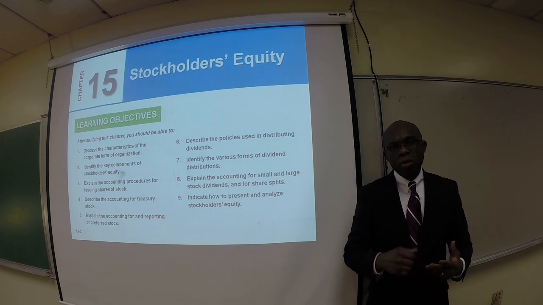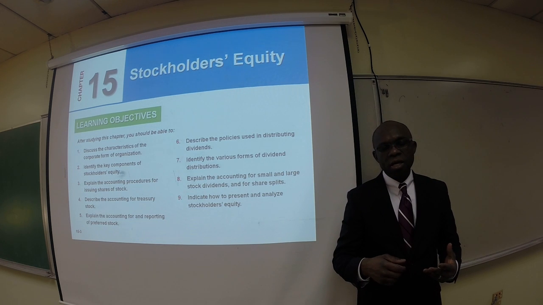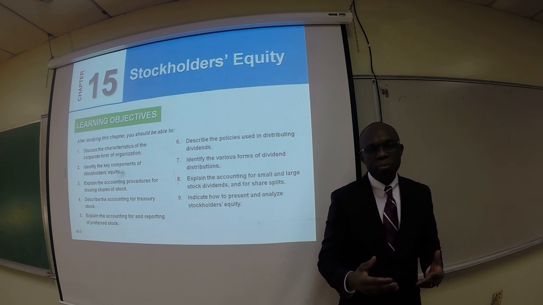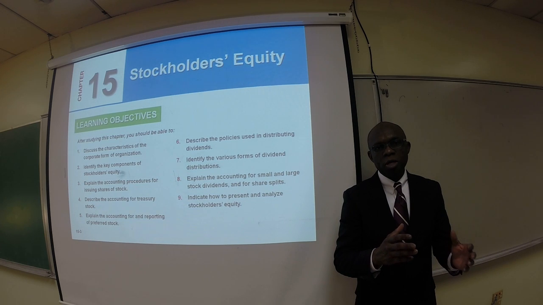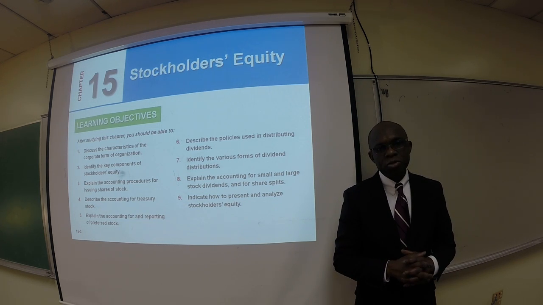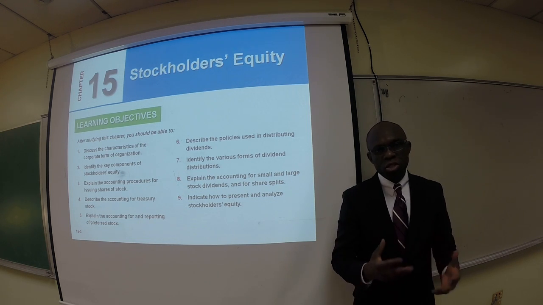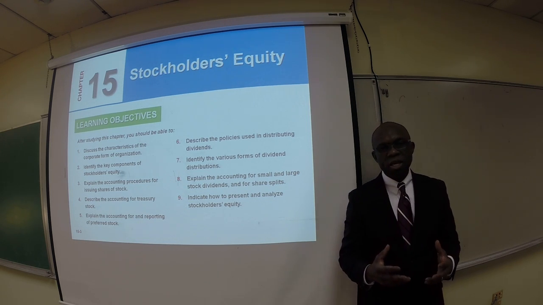Then number 2, based on our understanding and the application of the accounting principles, we need to be in a position to prepare the underlying financial statements and the related notes to the financial statements, or disclosures, in accordance with GAAP.